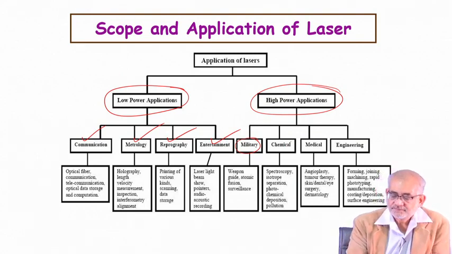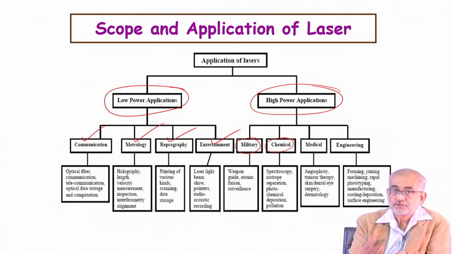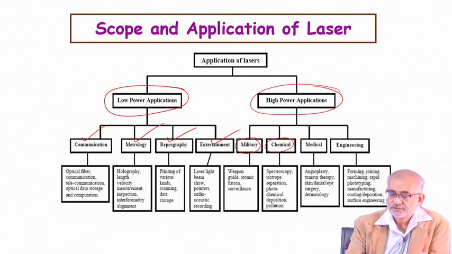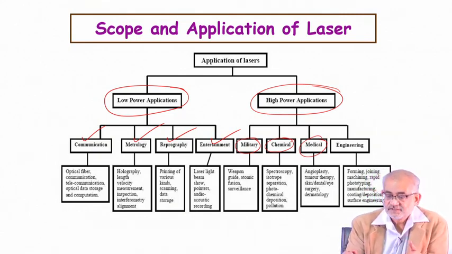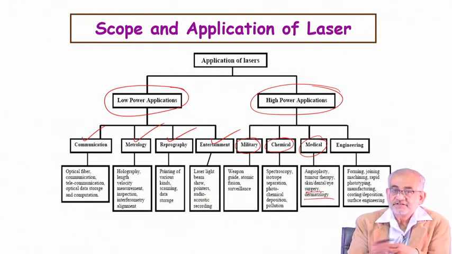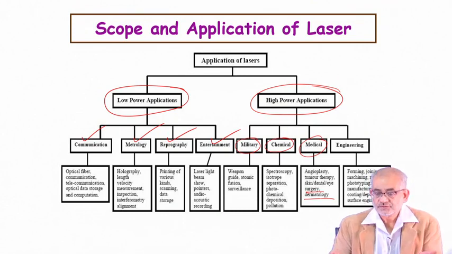In case of chemical applications, various kinds of spectroscopy, isotope separation, photochemical deposition, pollution control, conversion, and so on. In medical, there are a host of applications, starting from various kinds of therapies or angioplasty or surgeries, dermatology, treating various forms of cancer cells, and so on and so forth.